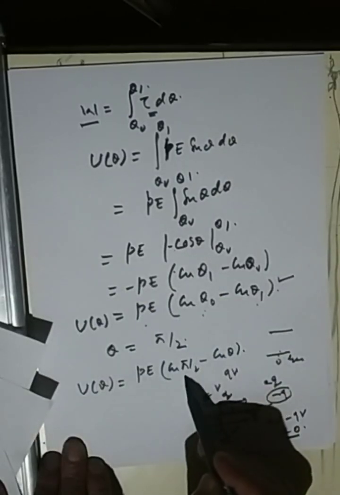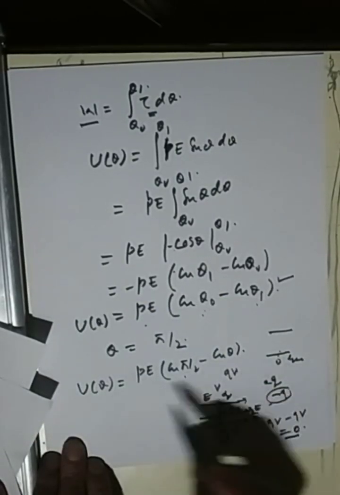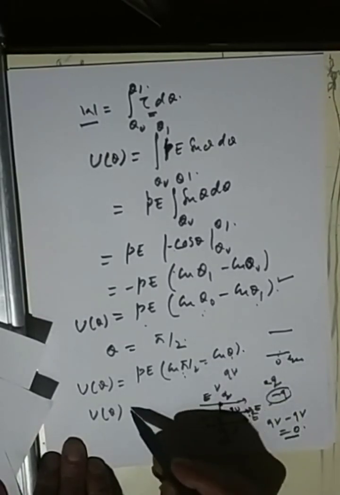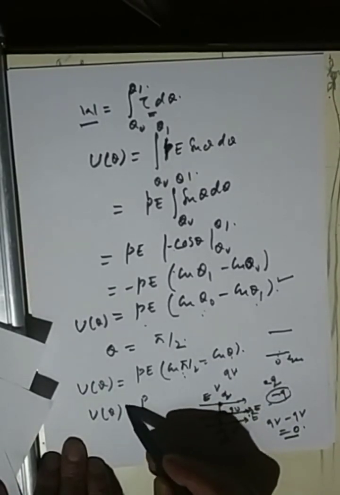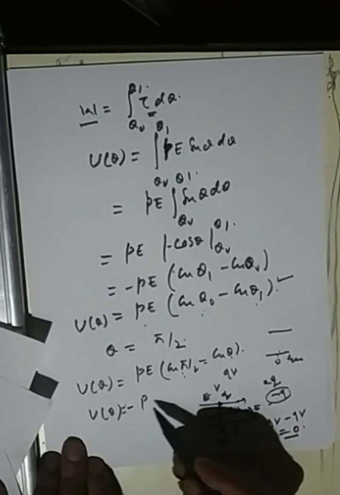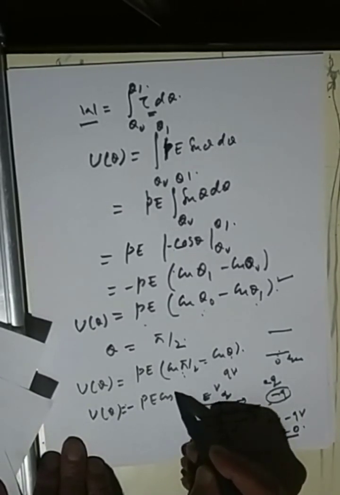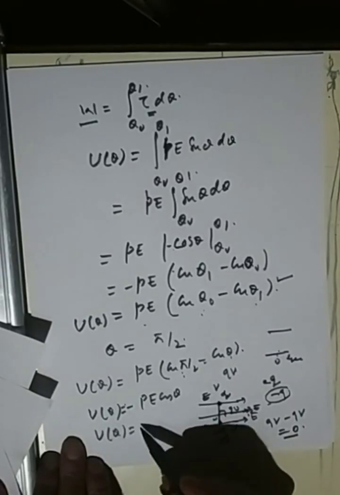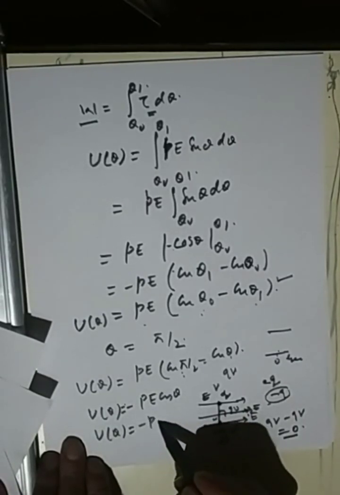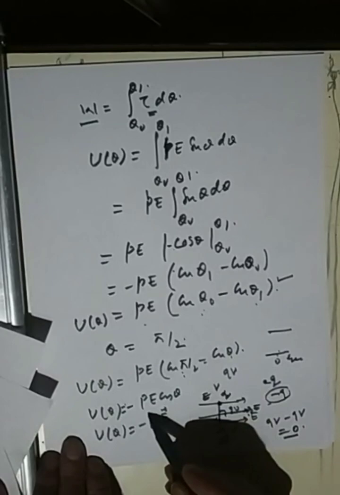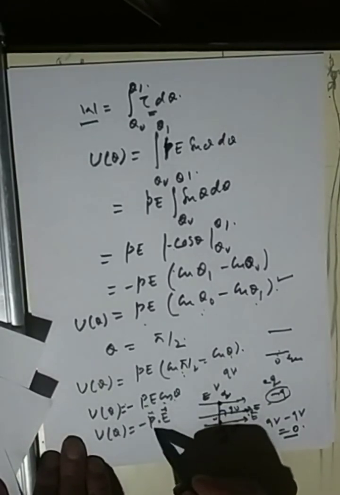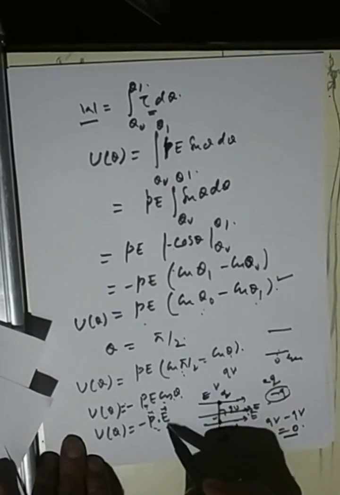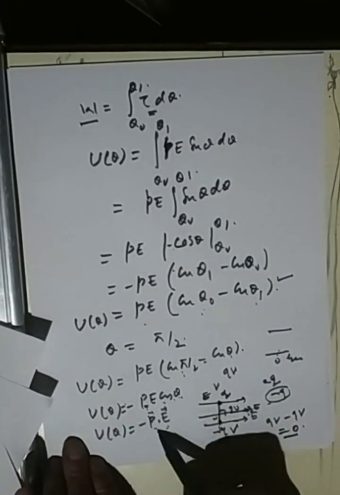So cos pi by 2 is equal to 0, so U theta will be equal to 0 minus PE cos theta, that is minus PE cos theta, which can be written as U theta is equal to minus P dot E, because PE cos theta is equal to P dot E.